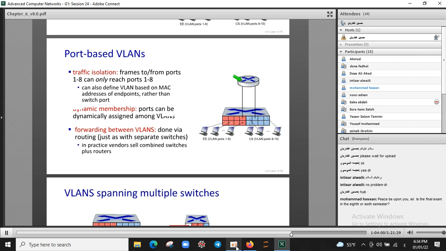Especially in this case, for example, you have a VLAN in one site, and you are deciding to send your information to a VLAN in another site, in a far location from the first one.